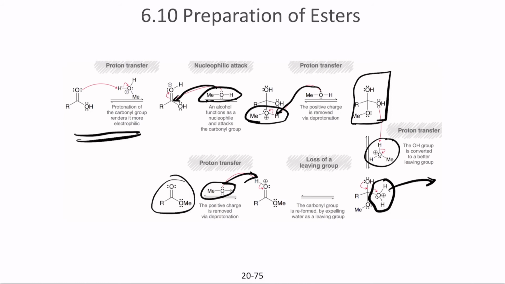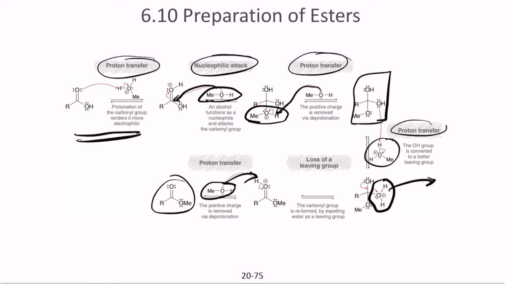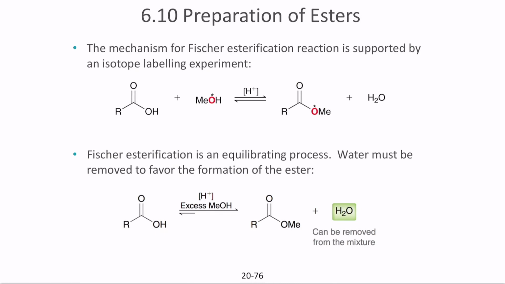Remember the process: proton transfer, nucleophilic attack, proton transfer, loss of leaving group, and proton transfer. There are more proton transfers occurring in Fischer esterification, but the basic sense of the reaction is still the same. This process with three proton transfers is exactly the same as before.